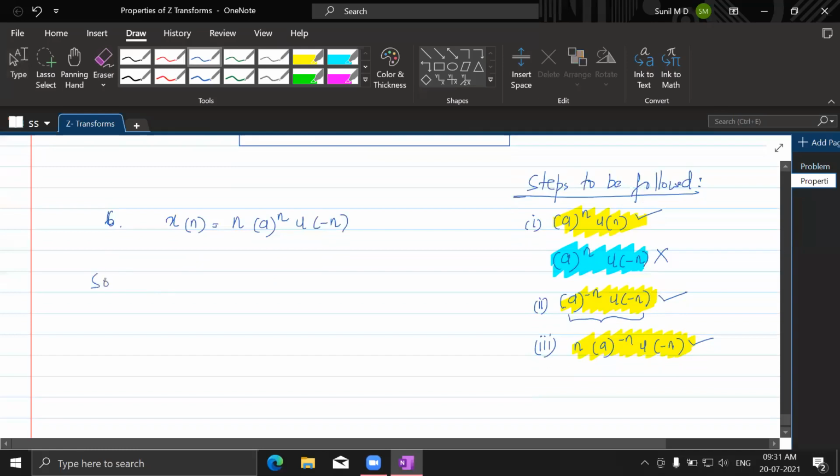First in the solution, consider the standard basic signal in the given signal, that is a power n u of n.